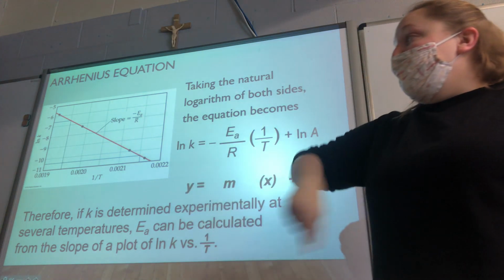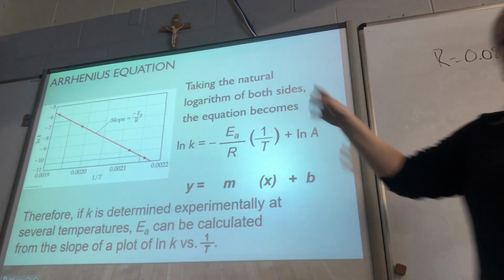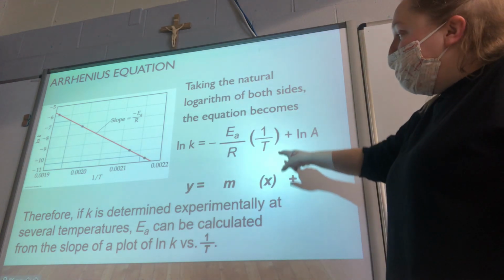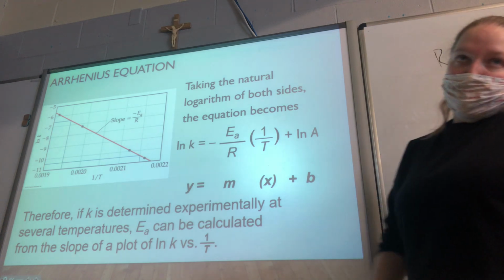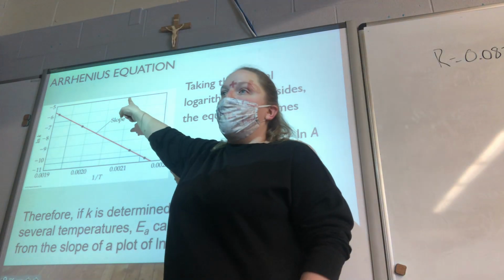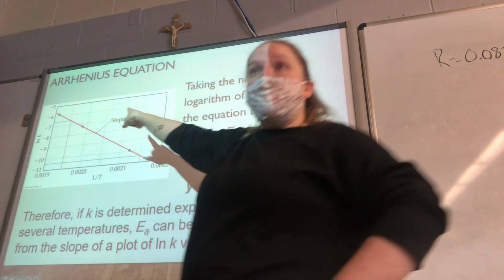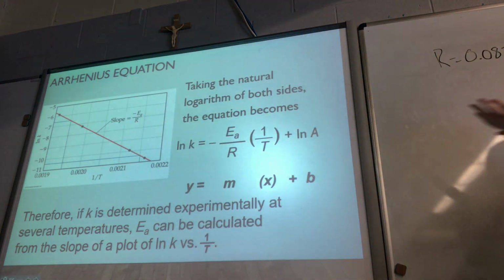So this would be several different reactions that were measured at different temperatures. And then you would graph it versus 1 over T. The usefulness here is in calculating what EA is, right? If you know that the slope is negative EA over R, you can calculate what EA is, right?